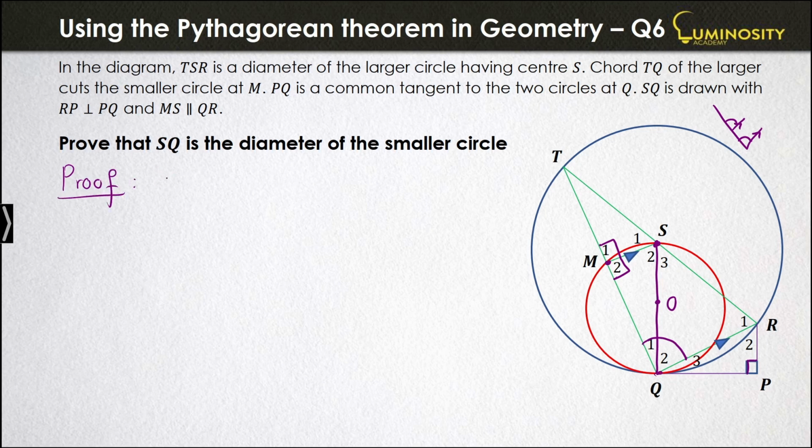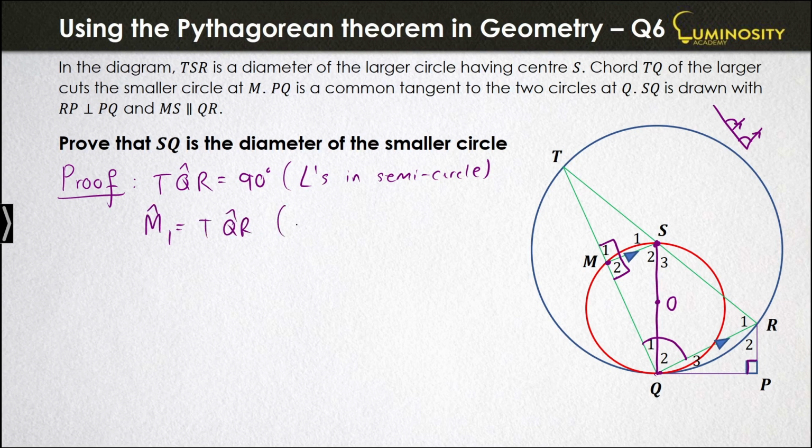I can say that angle TQR equals 90 degrees, and that's angles in a semicircle for the largest circle. Then I can say angle M1 equals angle TQR, because MS is parallel to QR, and that is because corresponding angles are equal.